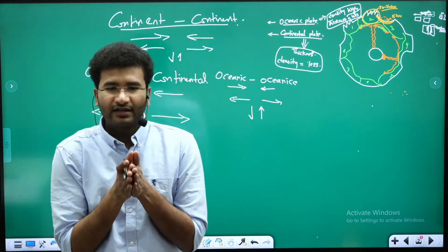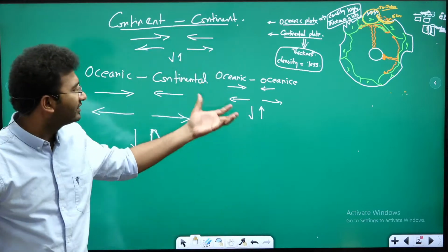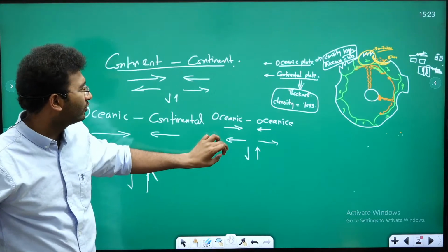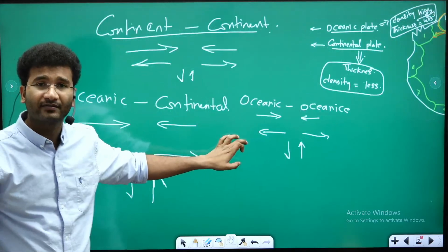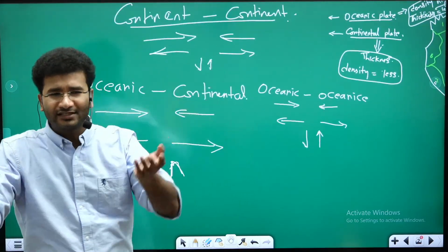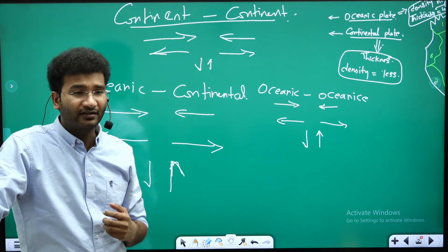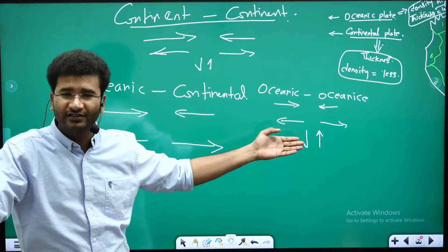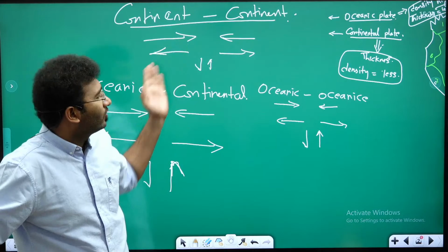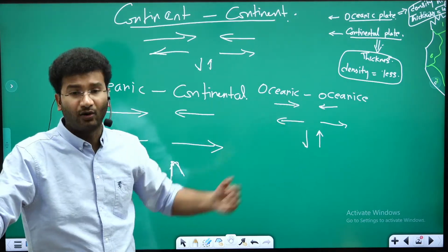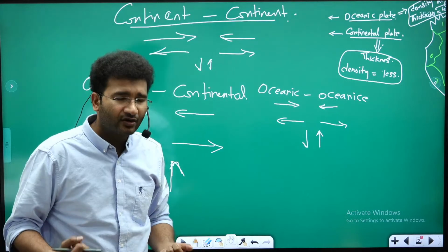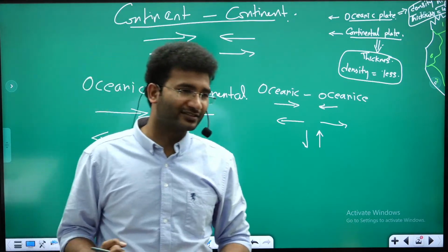But the kind of landforms that you get to see in the interactions of ocean-ocean and ocean-continent are completely different. I know you asked me where the trenches are formed. Are trenches formed in continental-continental convergence, oceanic-continental convergence, oceanic-oceanic convergence, or in divergence?